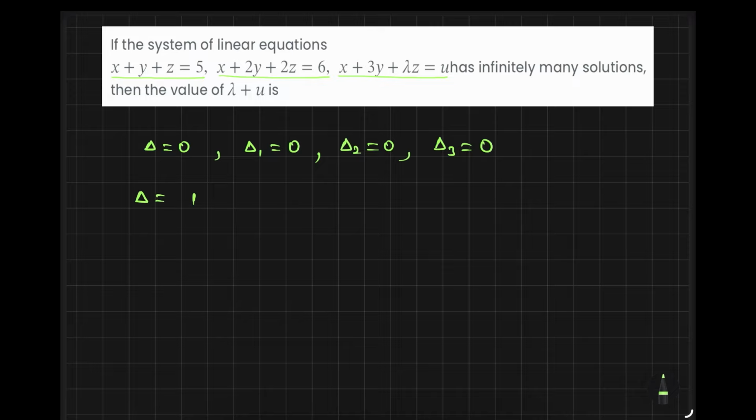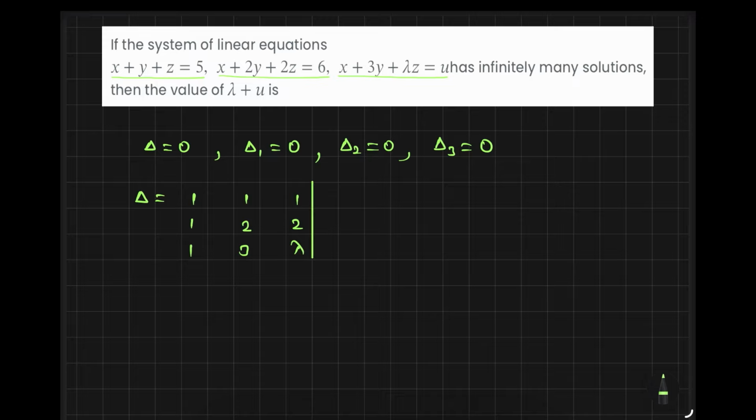So D is 1 1 1, the coefficients of the first equation, and then 1 2 2, and then 1 3 lambda.